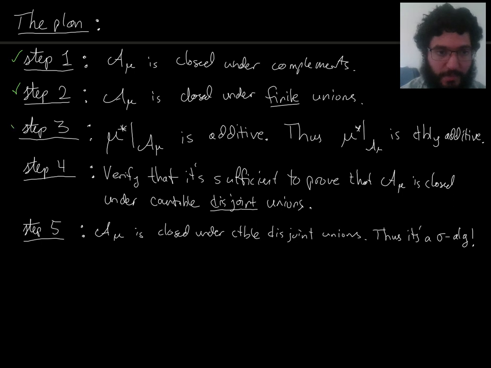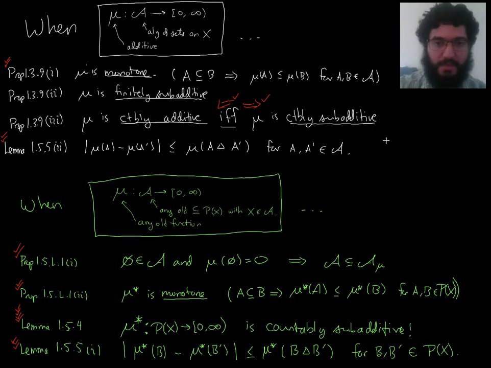And that's step 3. And in fact, we get for free now, thanks to our previous work, not really for free, that mu star is countably additive on a mu. That's because since mu star is now known to be finitely additive, we know that mu star on a mu sits in this white area rather than this green area.